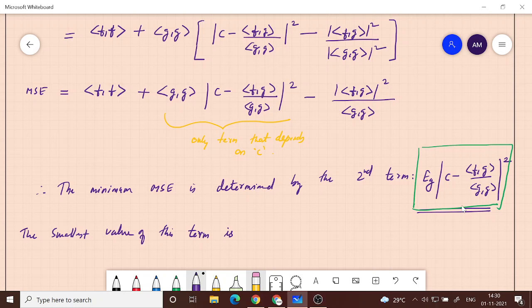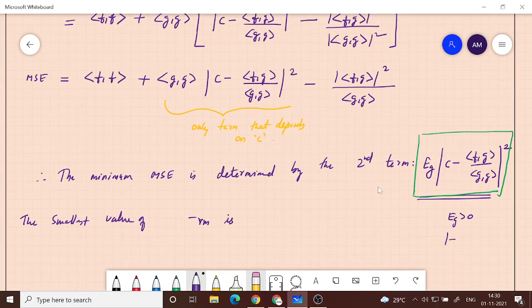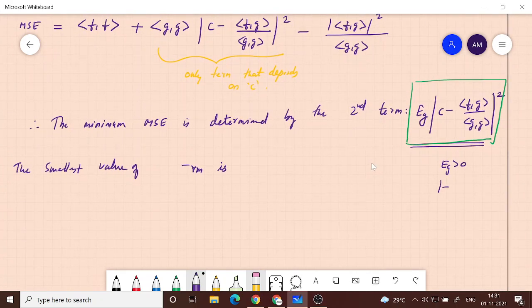It cannot be negative, because the energy ⟨g, g⟩ is positive, and then the modulus square is also positive.